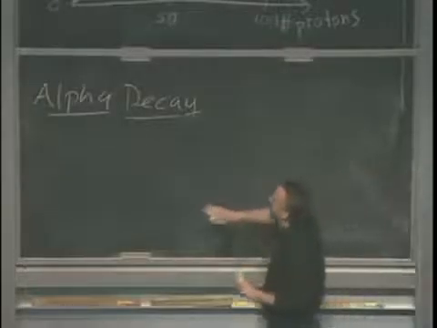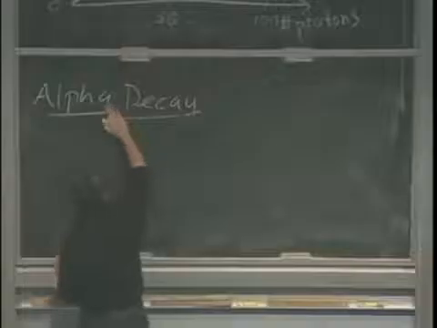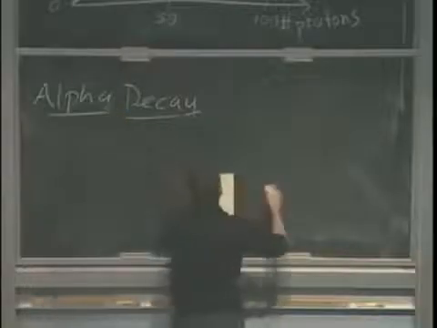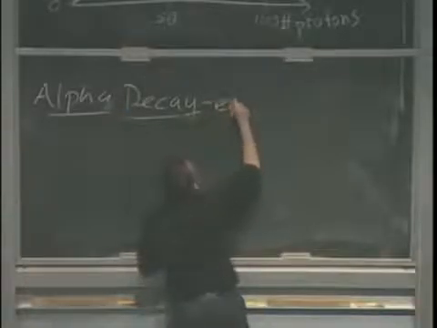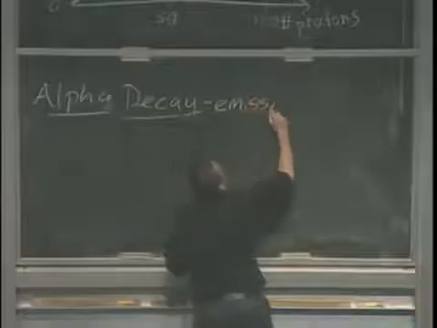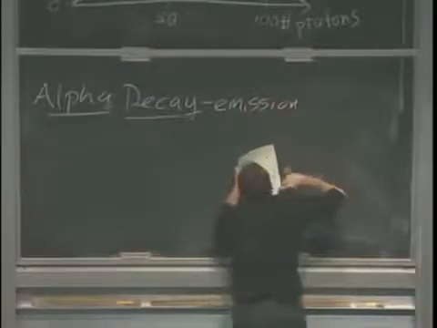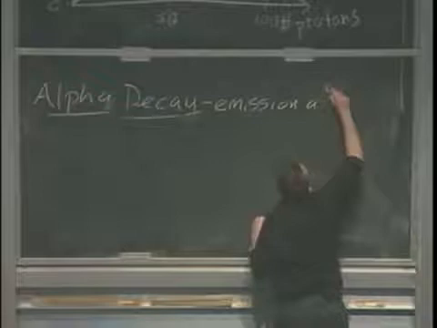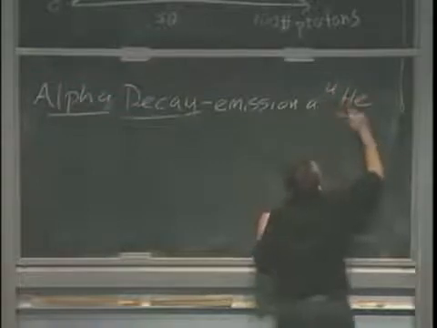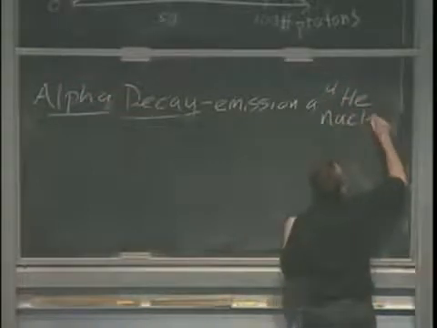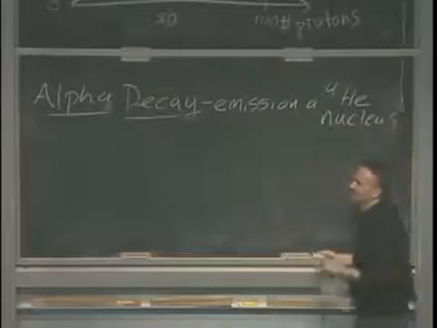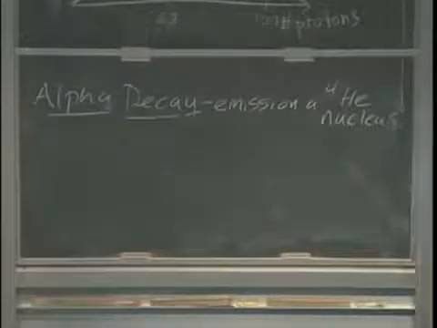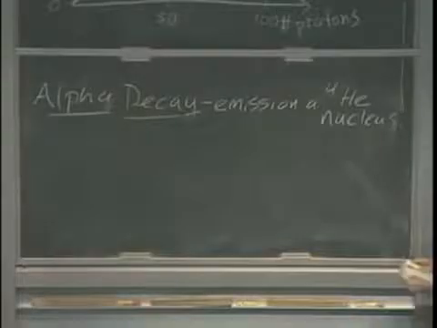So alpha decay is the first one we're going to talk about. It's the emission of a helium nucleus, which might be a little bit surprising at first, but I'll try to justify to you why nature works in this way.